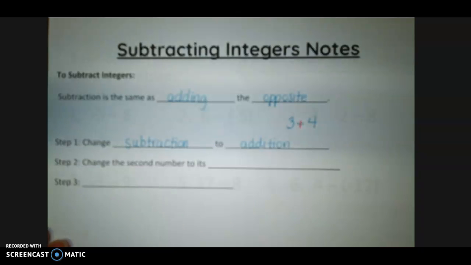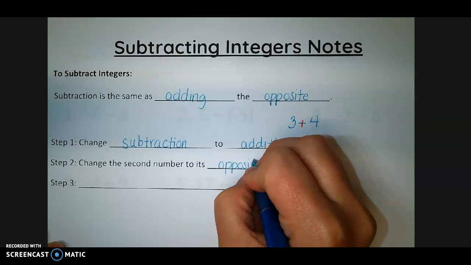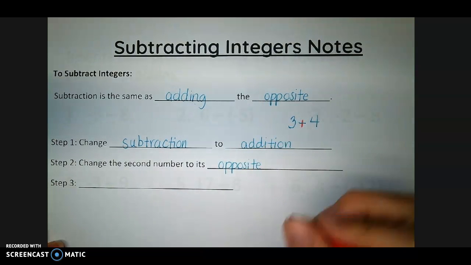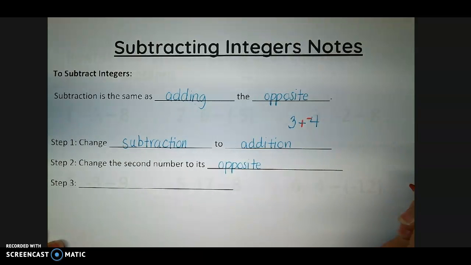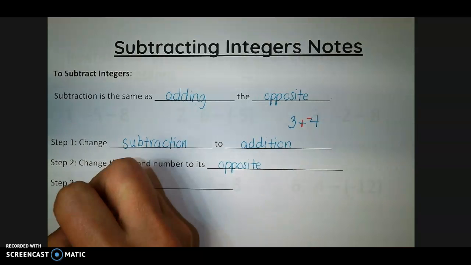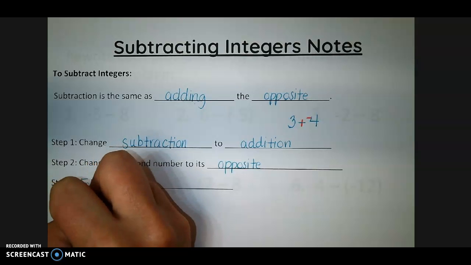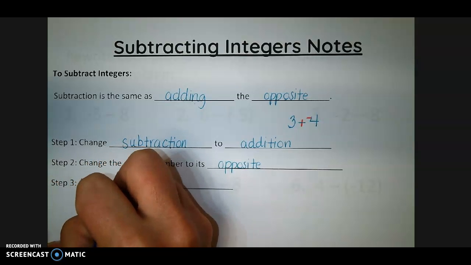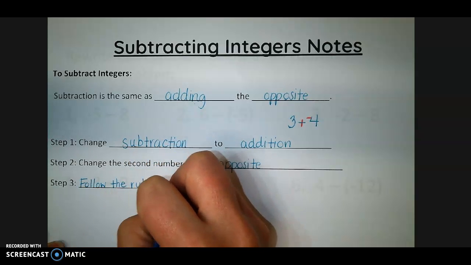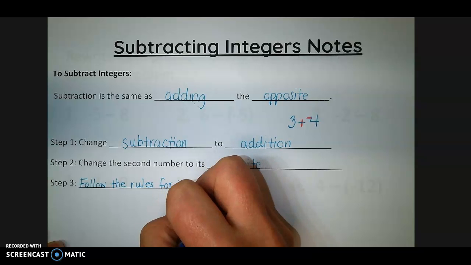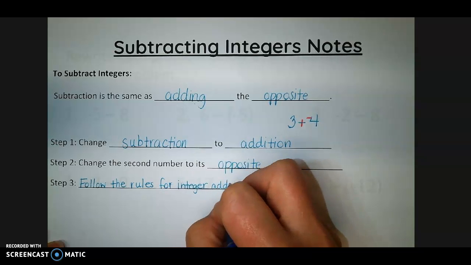Then it says change the second number to its opposite. So it was a positive 4, and I'm going to make it a negative 4. And then in step 3, you're going to follow the rules for integer addition.